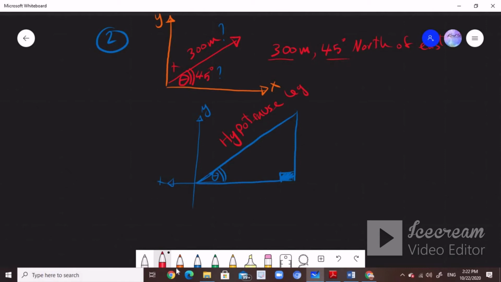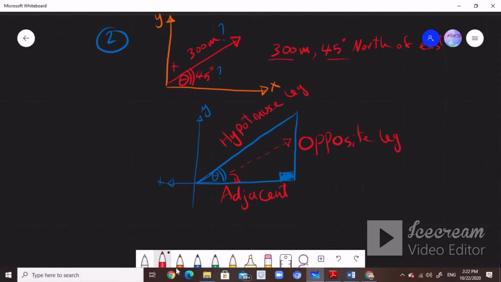The side in front of the angle is called the opposite leg, and the other side beside the angle is called the adjacent. Now we have hypotenuse, opposite, adjacent.